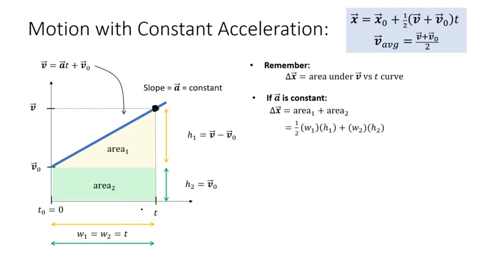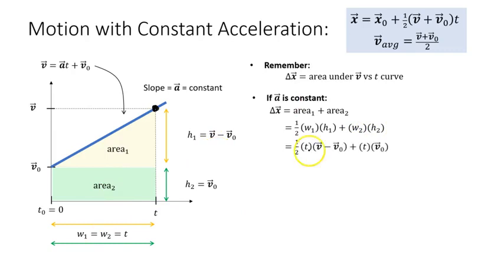Okay, so my area then is going to be the area of the yellow triangle, which is 1/2 W1 H1, plus the area of the rectangle, which is going to be W2 times H2, where I have W2, H2, W1, and H1 defined over here on my graph.